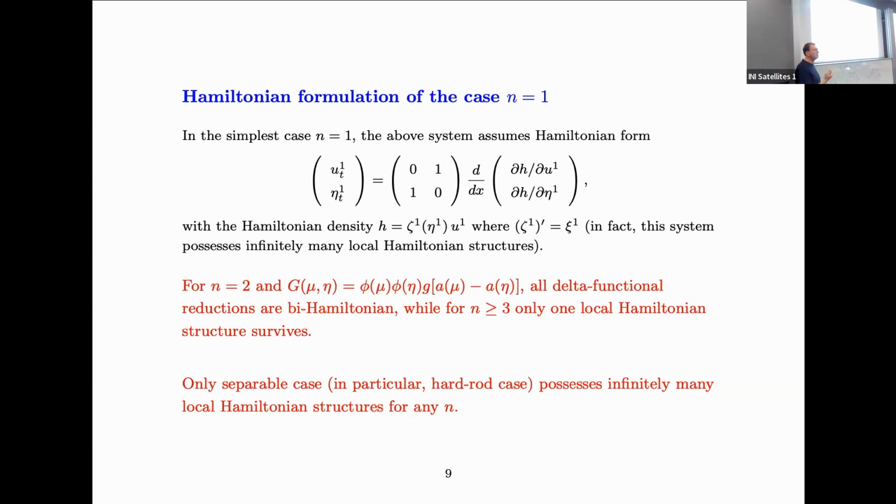And usually such things happen when the system is linearizable. And indeed, the cold gas reductions in the hard-rod case form a linearizable system. And in fact, the full hard-rod kinetic equation is linearizable. And I will say a few words.